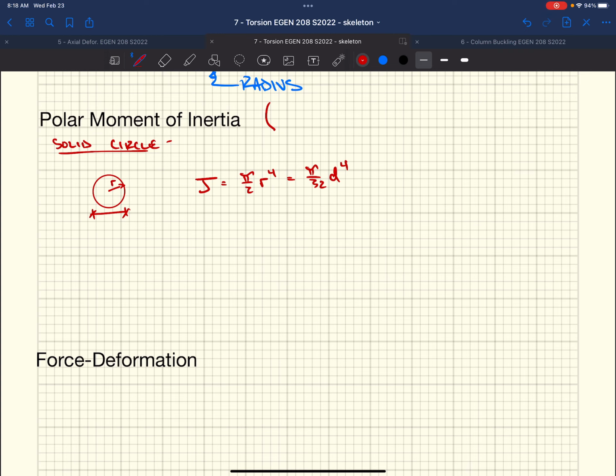When we think about polar moment of inertia, it's really called the polar second moment of the area. Our units, if we look at that equation, pi over 2 r to the 4th or d to the 4th, are going to be inches to the 4th or millimeters to the 4th.